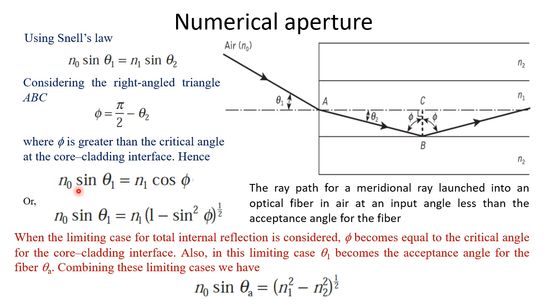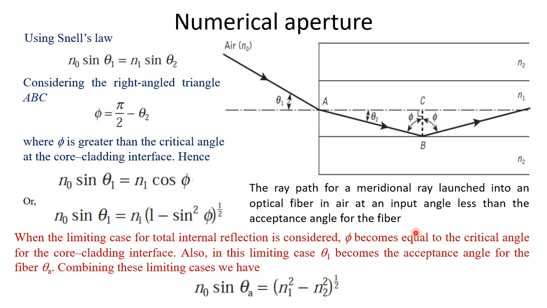So n0 sine theta 1 equal to n1 cos phi, okay? Or in other words, n0 sine theta 1 equal to n1 into root over of 1 minus sine square phi, since cos square phi equal to 1 minus sine square phi. So using this particular relation.